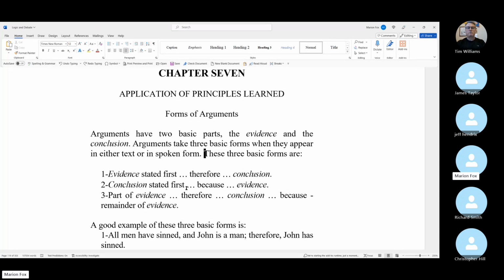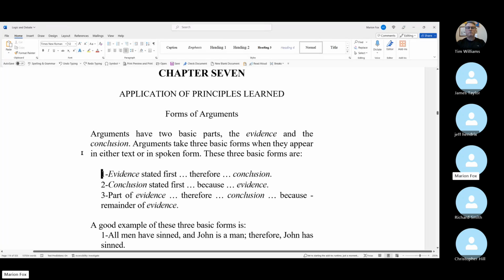There are 3 basic forms of arguments. Arguments consist of 2 parts. There's evidence and the conclusion. That's an argument. You provide evidence, draw conclusions. The first form of your argument right here is you have your evidence stated first, and then therefore, you draw your conclusion.